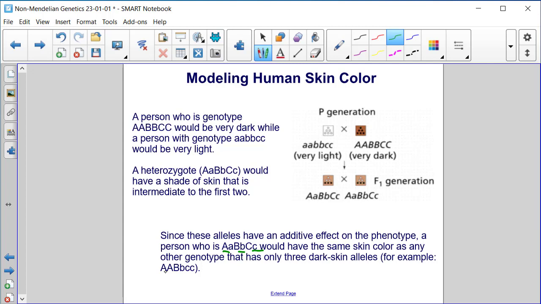So I have 1, 2, 3 dark skin alleles here, where I'm homozygous dominant for A, heterozygous dominant for B, and homozygous recessive for C. But here, where I'm heterozygous dominant for all three, I still have 3 dark skin alleles. Okay? And so those two genotypes would result in the same phenotypic skin color.